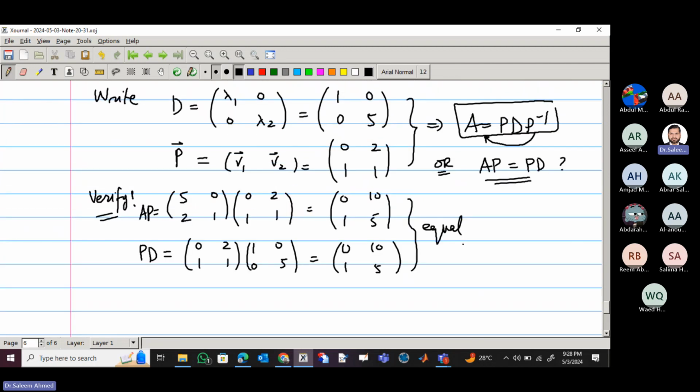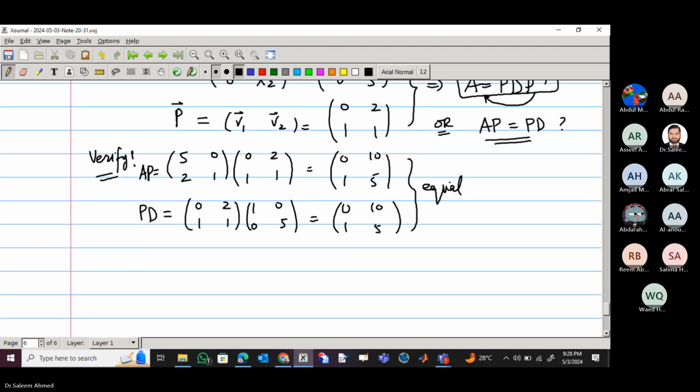If you are convinced that your P and D are correct, you can stop there. Verification will prove that your eigenvalues, eigenvectors are correct. Because AP and PD are equal, it means that your A is automatically PDP inverse, because P goes there and becomes P inverse, right?